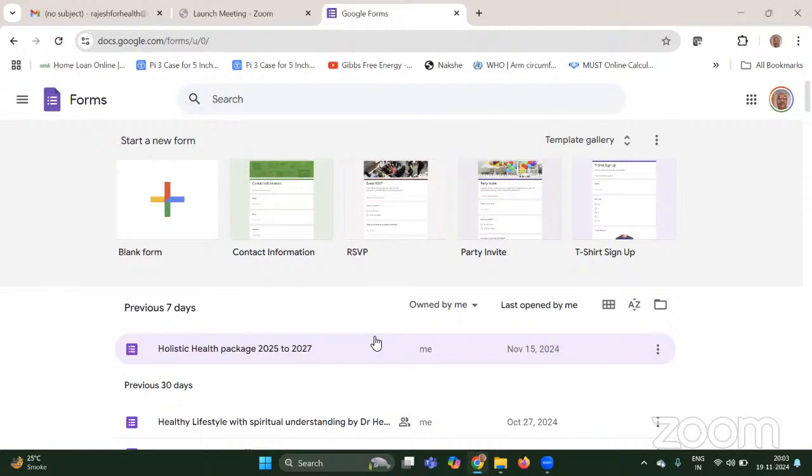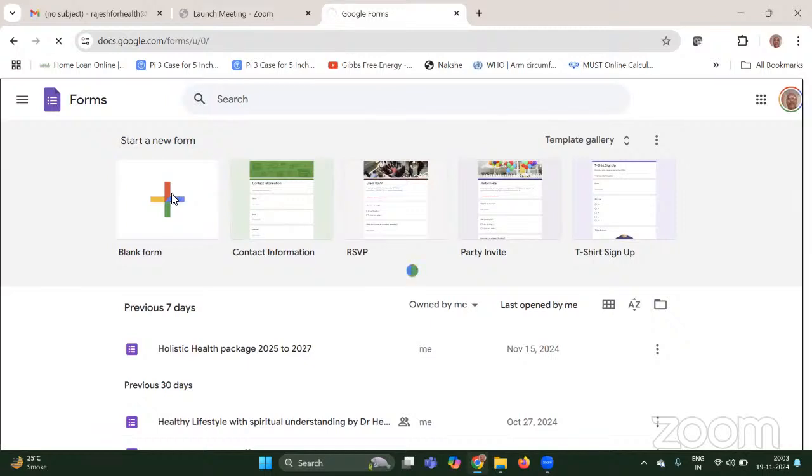For that we also have ready-made templates: contact information, RSVP, party invite, something like that. So you can use a template directly to save your time. But let's start from a blank form.